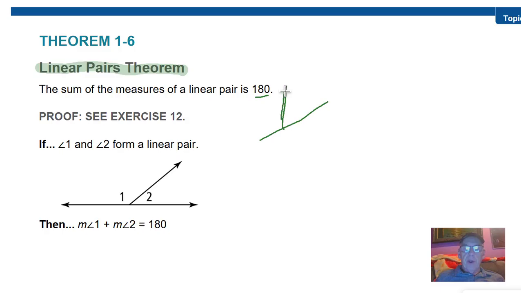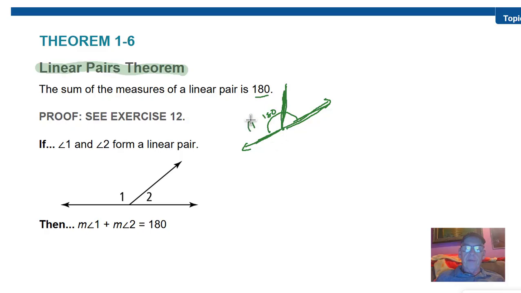So here I have a linear pair of angles. What makes these a linear pair, and this goes back to earlier definitions from this chapter 1, is 2 angles that share a common side that makes them adjacent, and their other sides are opposite rays, which generates a straight line, which makes a straight angle. Now, a straight angle has a measure of 180 degrees. This linear pair of angles must add up to 180 degrees.